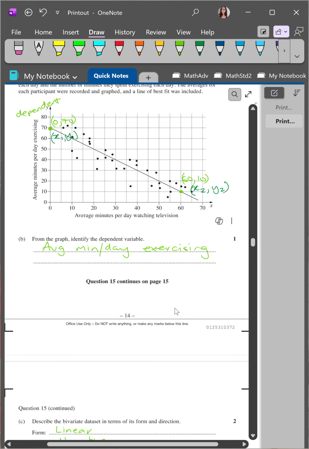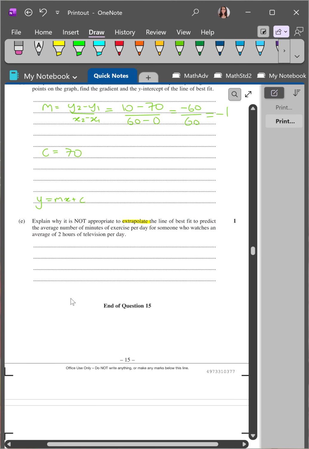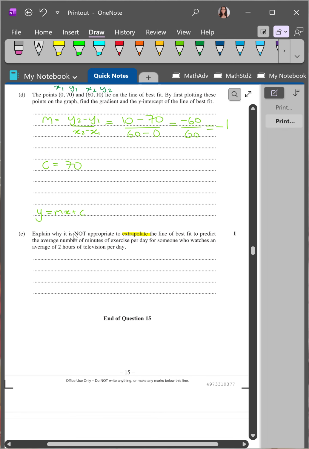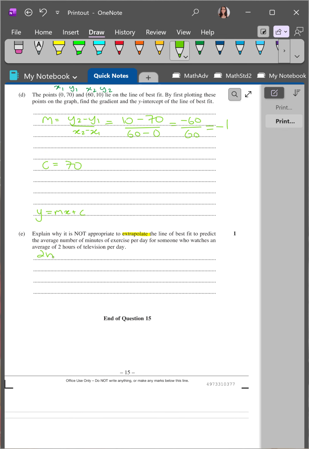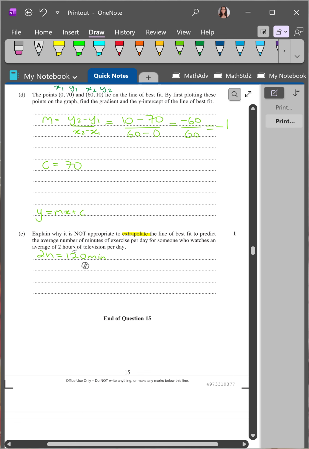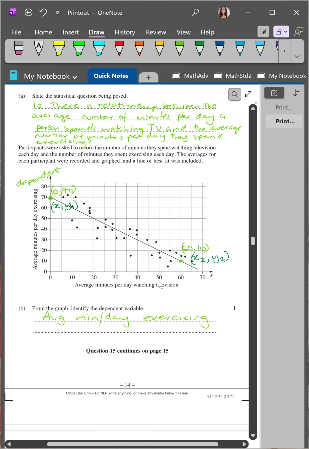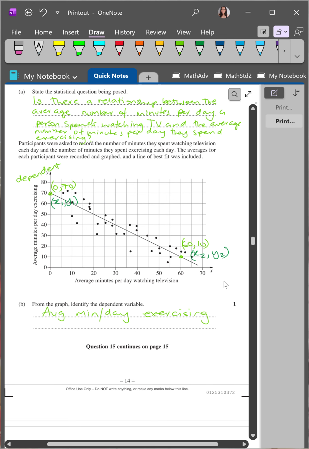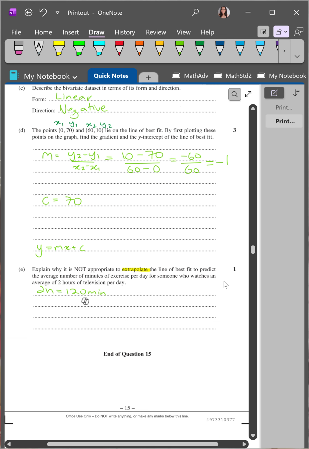So we basically have to write that in the answer of this question, because they're asking why we can't extrapolate if somebody watches 2 hours of television per day. So 2 hours of television equals 120 minutes. If we look at this graph, it's all recorded in minutes, and 120 would be way out here. So that is extrapolating, and we can't assume that.